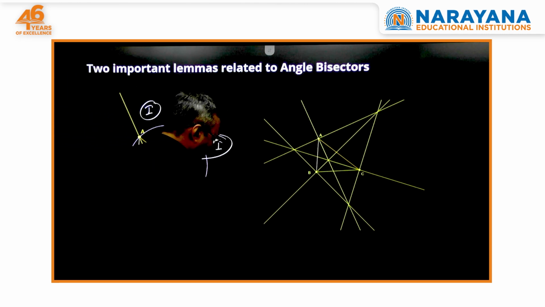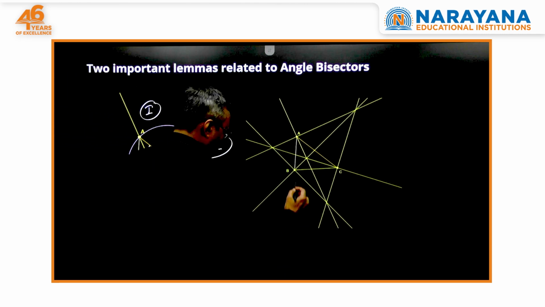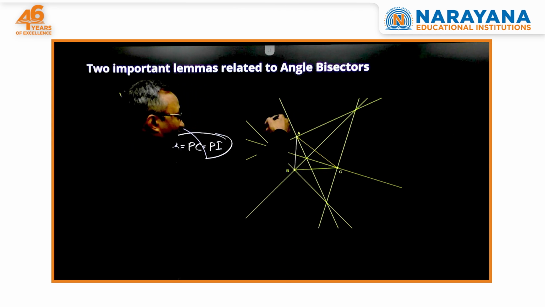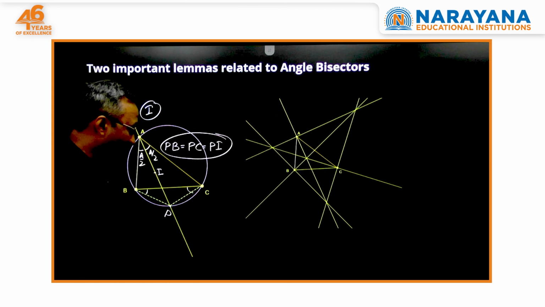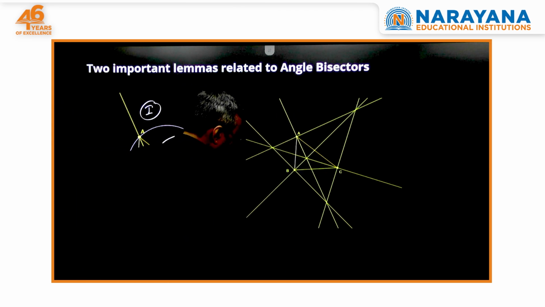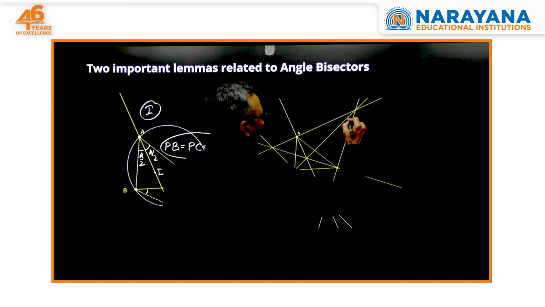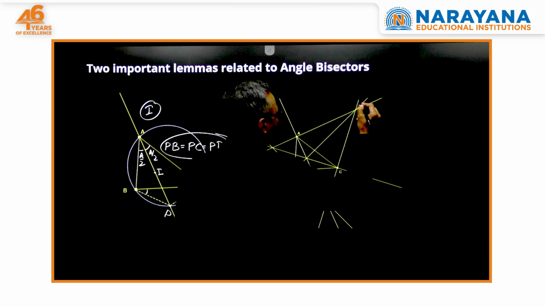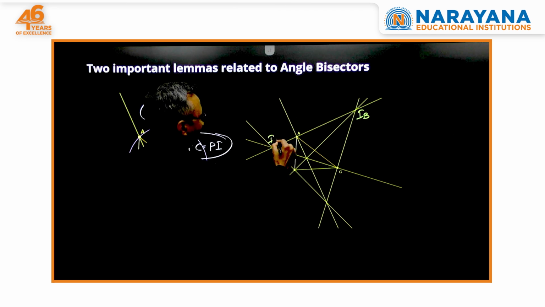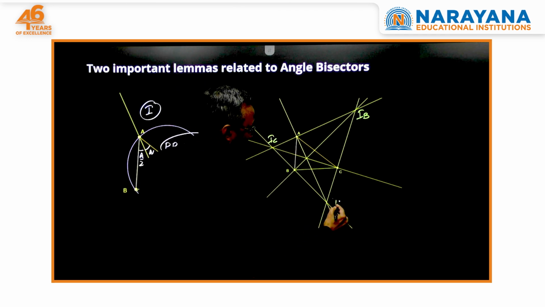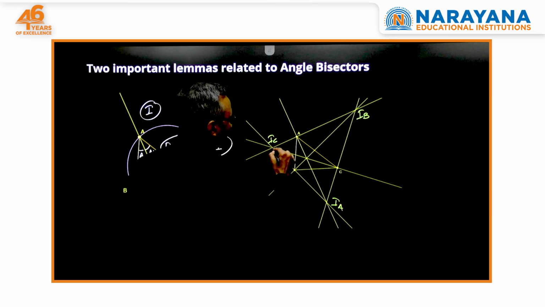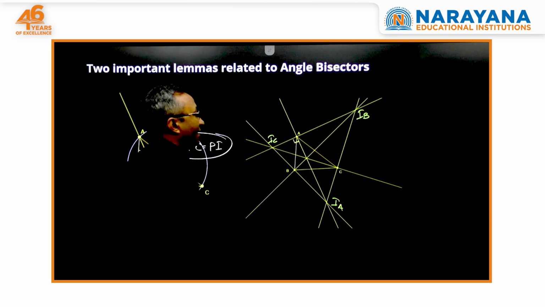Simultaneously, if I talk about using the excircle and excenters, suppose somehow I can draw both the internal and external angle bisectors. How? We will see in the diagram. But if I have IB as one excenter, IC as the other excenter and IA as the third excenter, the internal and external angle bisectors are perpendicular to each other.